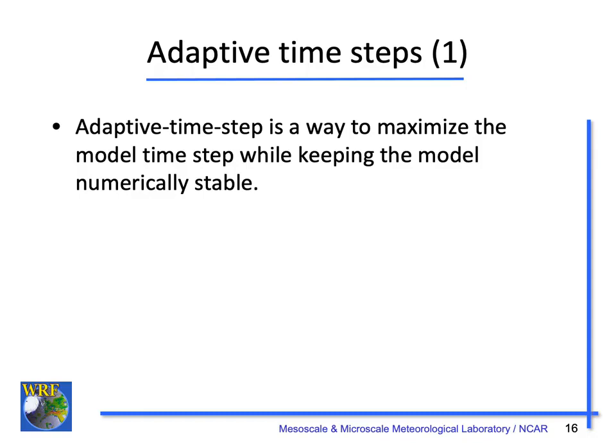By definition, adaptive time stepping means that the model will use variable time steps, and the size of the time step is determined by the model's stability at any time during a model integration. This is a way to allow the model to use a larger time step when the model is stable, and a smaller one when it needs to.